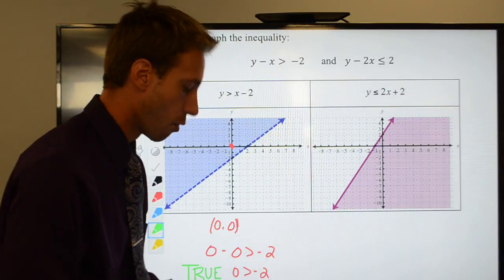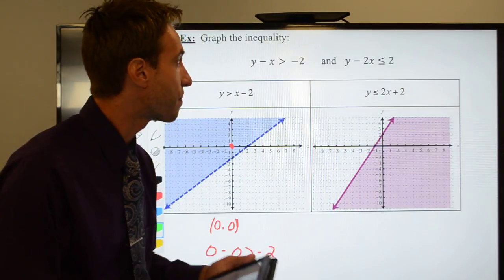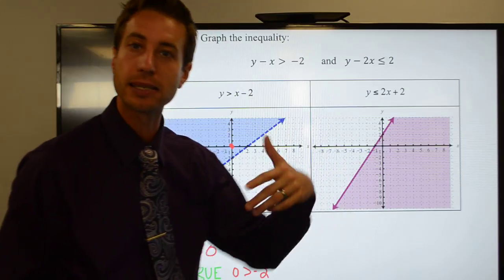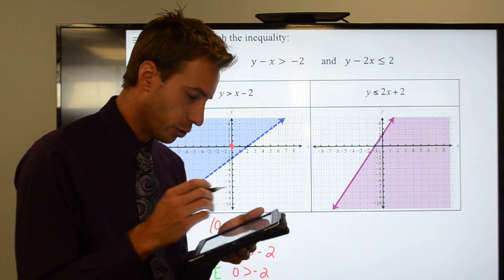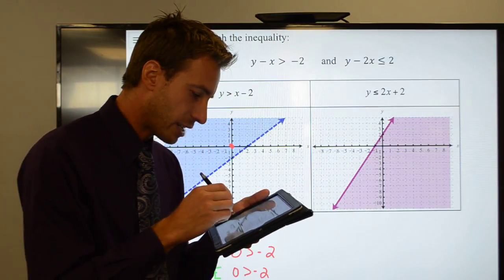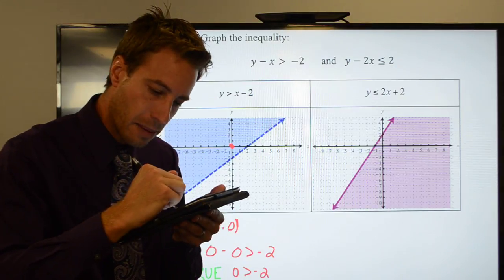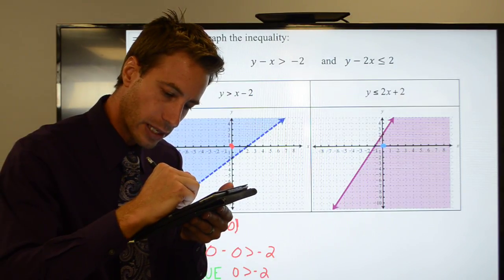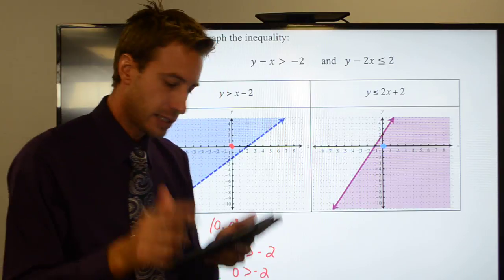What about this one over here? Well, again, I've graphed my line. It's a solid line because I'm less than or equal to. So let me go ahead and choose my test point, which again, my line does not go through 0, 0, so I will pick 0, 0.